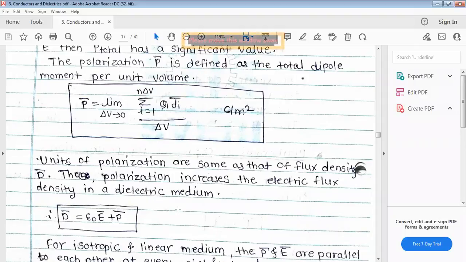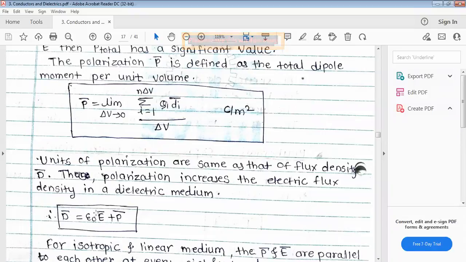When this polarization happens, it is increasing the electric flux density in the dielectric medium, and that increased flux density is given by D bar is equal to epsilon 0 E bar plus P bar. So you know the relationship between D bar and E bar.